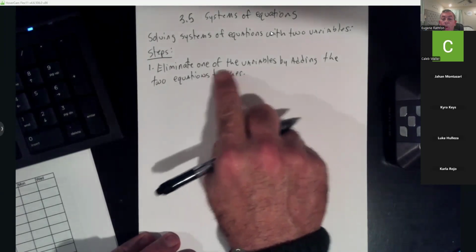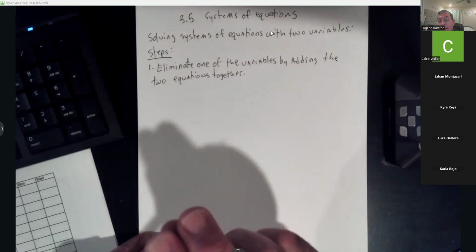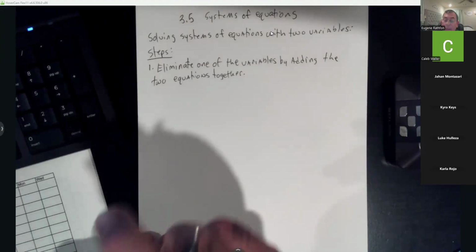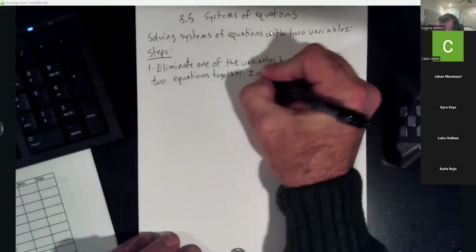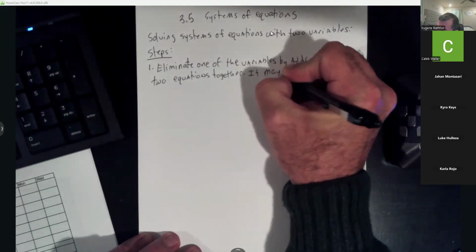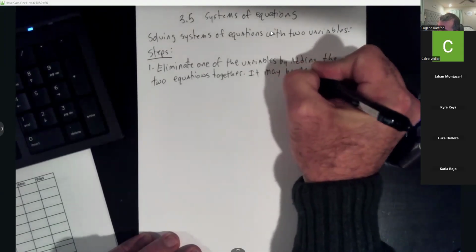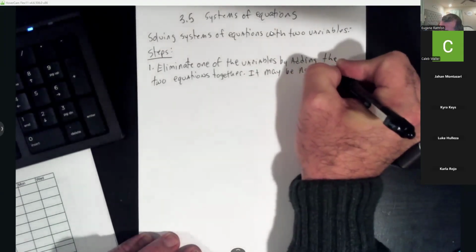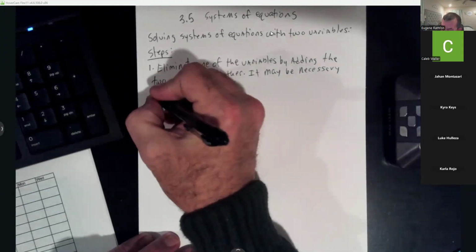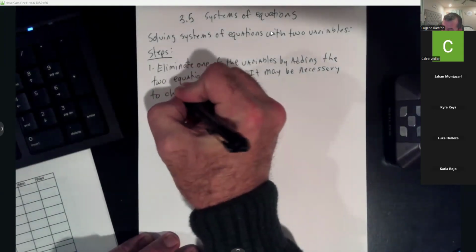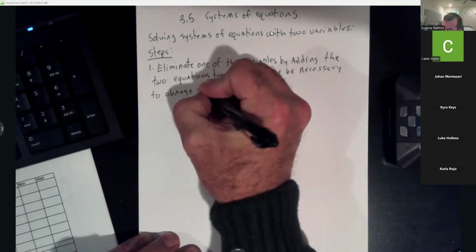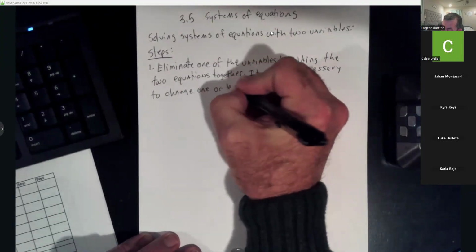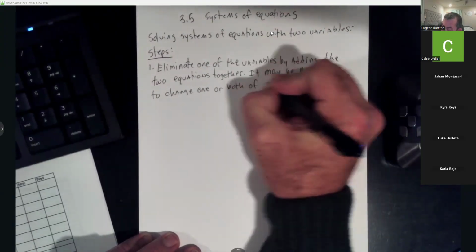Now, in order to get them to cancel each other out, it may be necessary to change one or both of the equations.